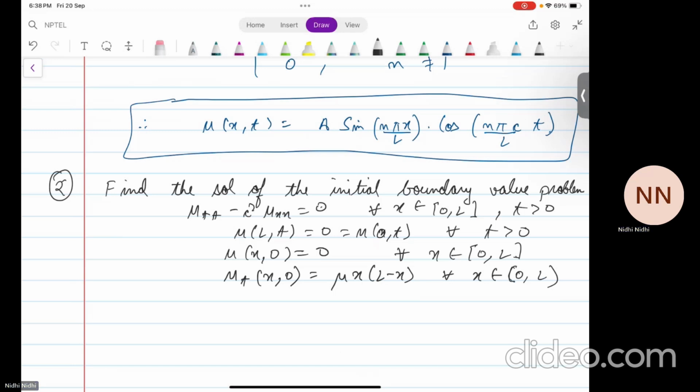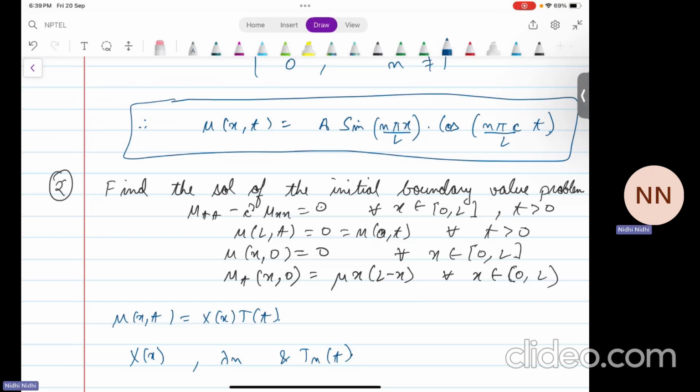So again, try using the separation of variables. Take u(x,t) to be X(x)T(t) and find out what X should be, lambda n and the corresponding T. I will wait for 10 minutes. Please try it yourself following the same method.